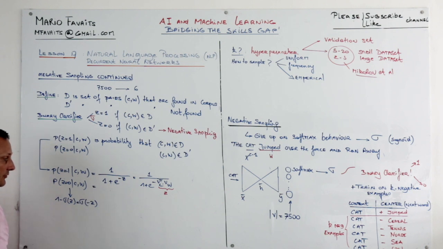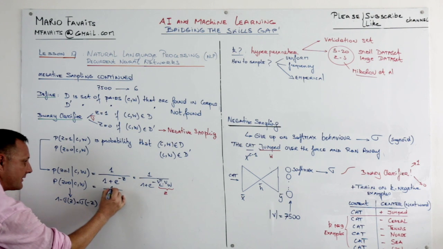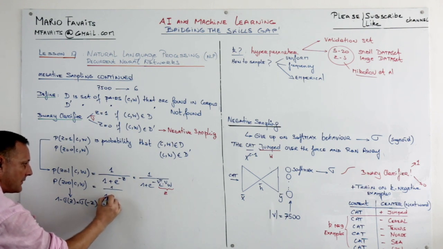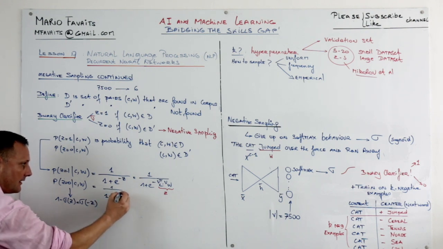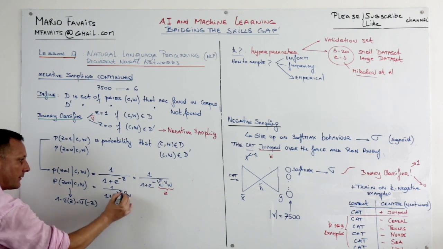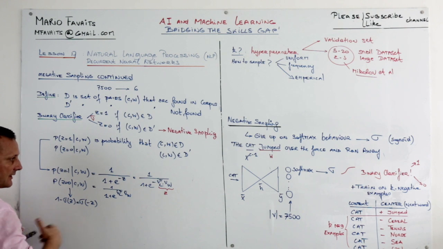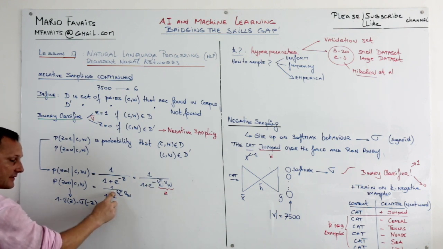That's easy to prove, you just calculate it. But basically we're going to have 1 divided by 1 plus e to the vc transpose vw. So the negative from here becomes a positive here.